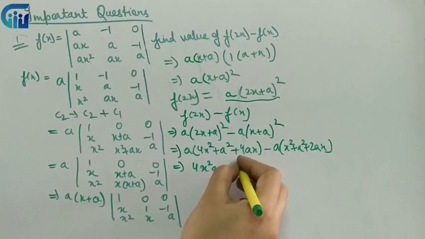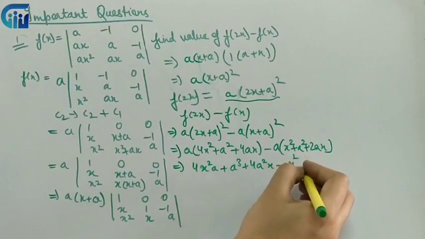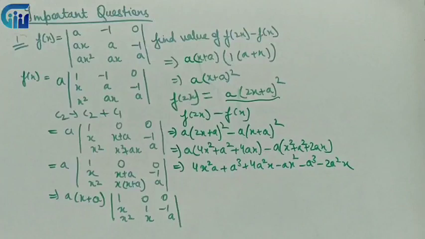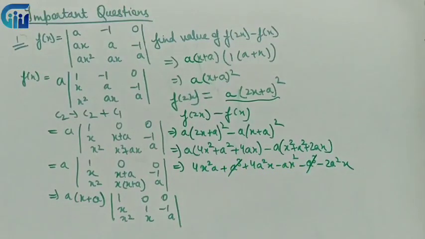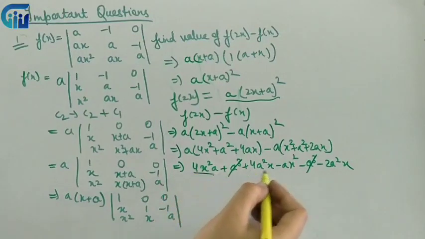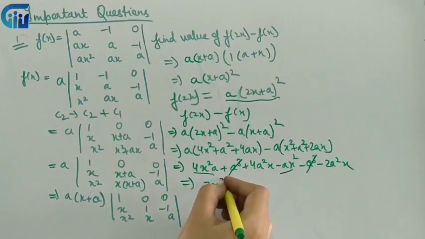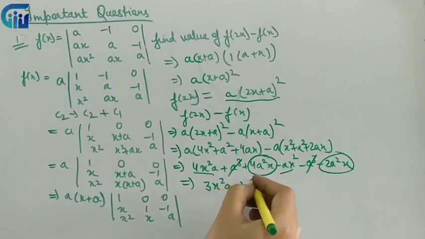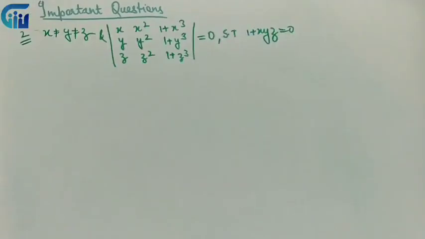So what we'll get? 4a square x, minus ax square, minus a cube, minus 2a square x. Let's see whether some of the terms are getting cancelled. a cube and a cube can get cancelled. Simplifying, this will be 3x square a, and this will give me plus 2a square x. Hence the solution.